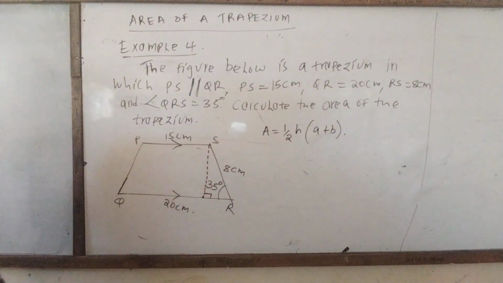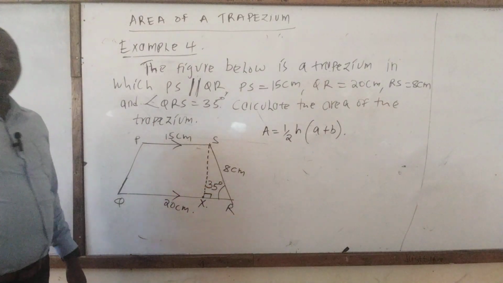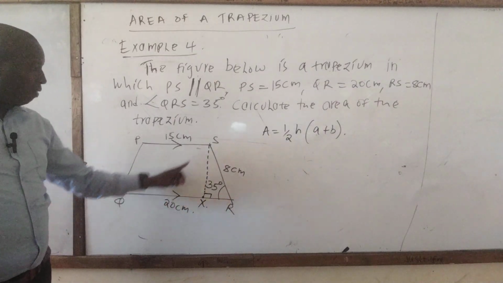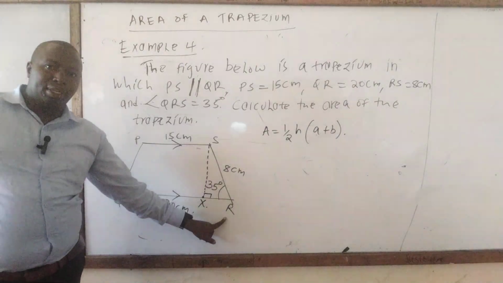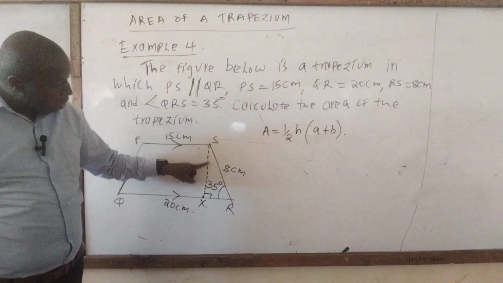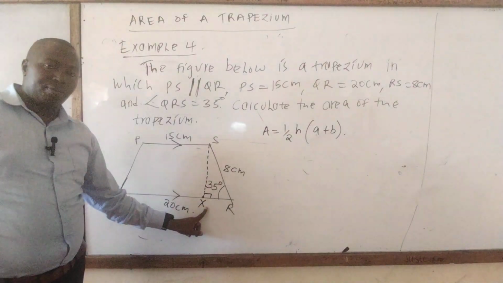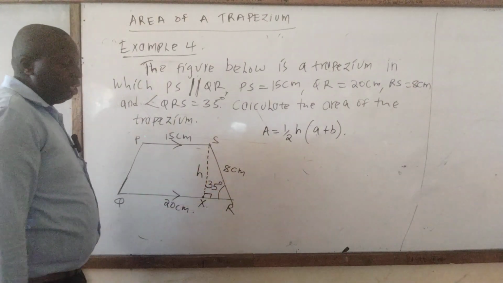So now we form a right angle triangle. We can call this point X, where the perpendicular cuts the line QR. So let's say our height, SX, is h.